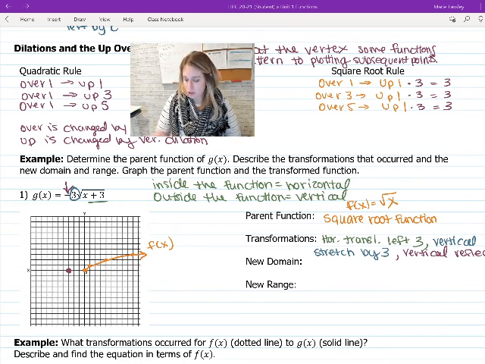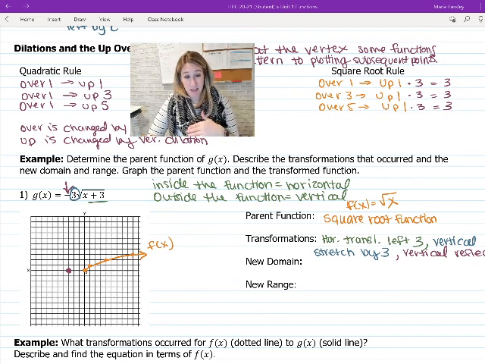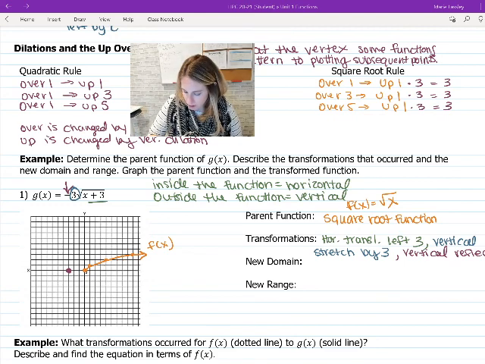From here, instead of up, I'm going to go down, right? Because I am where I am. So we have over 1, down 1, 2, 3. Over 1, down 1, 2, 3. Over 1. Nope, I just did that wrong.